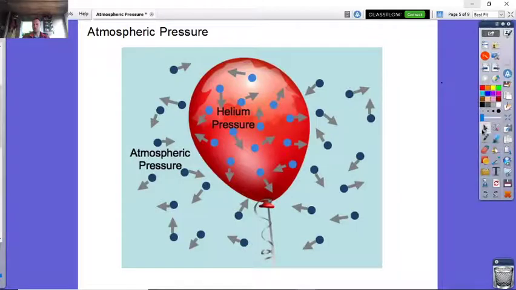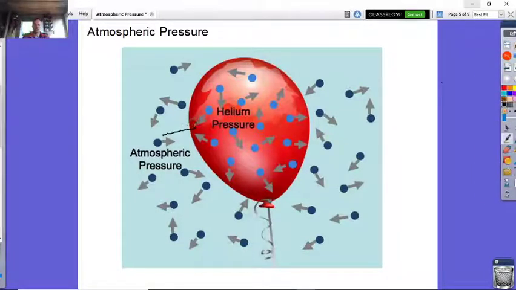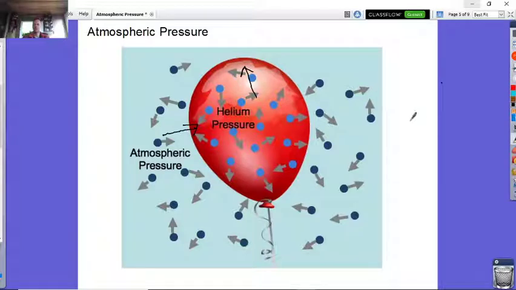So what is happening is you've got the atmospheric pressure outside due to the air particles, and inside this balloon I've then got pressure pushing out, and that pressure pushing out is all due to the helium particles moving around. Now, if this balloon's staying at the same shape, this must mean I have balanced forces. In other words, the outside pressure and the inside pressure must be the same.